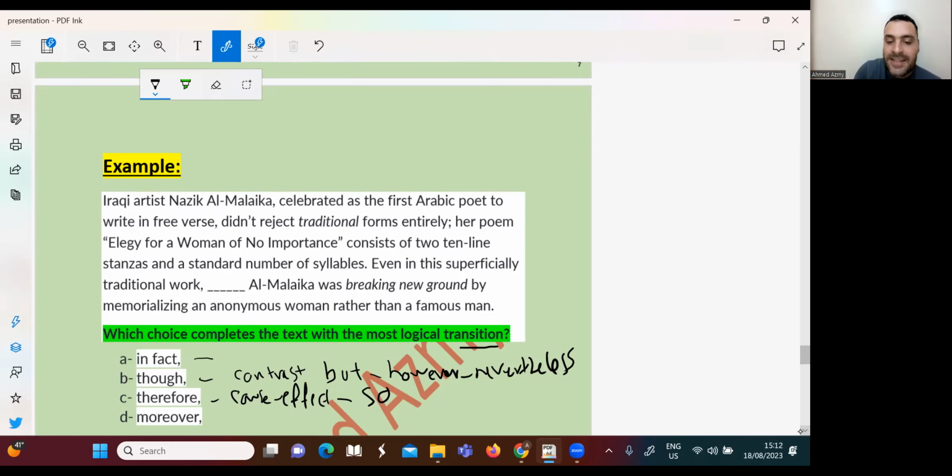So therefore is like so, like consequently. You understand the difference between B and C? Okay. So though is for what? Contrast. Therefore, cause gives an effect. Moreover is similar to additionally, for example. Exactly. Addition.